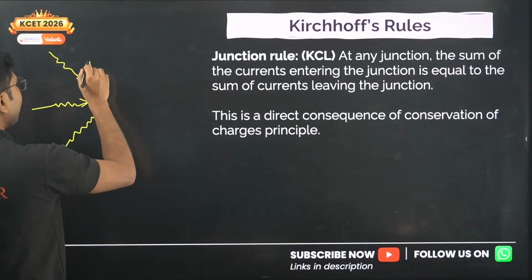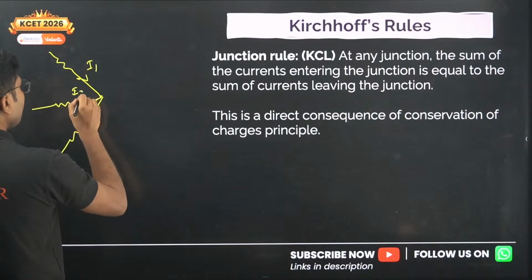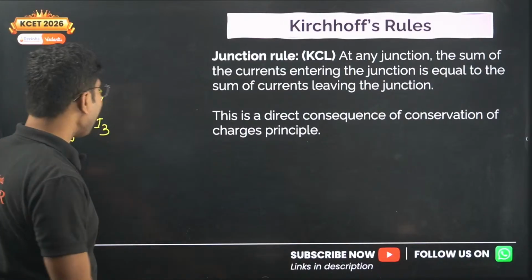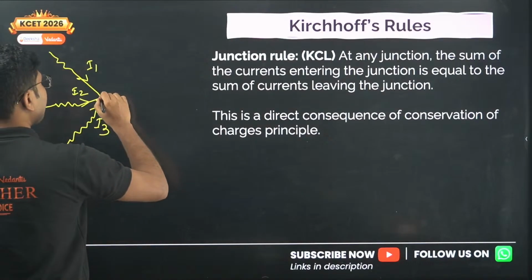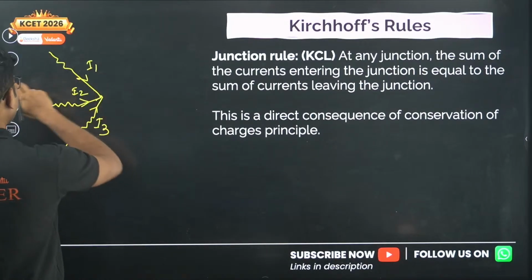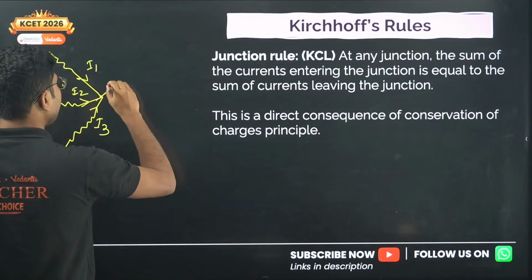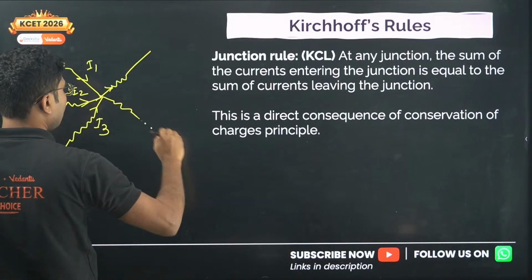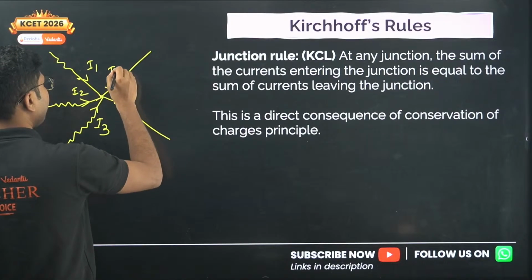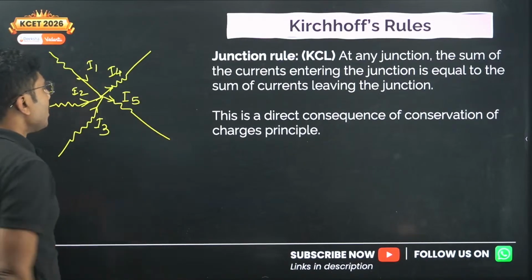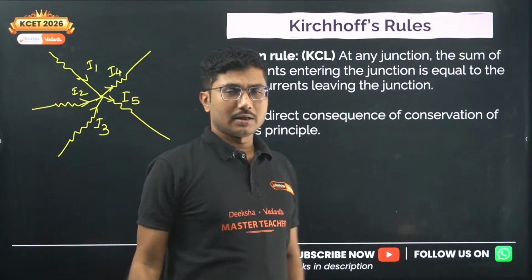So I1, I2 and I3 are all meeting over here, and consequently some currents are leaving the junction as well. Whatever is incoming, there has to be some outgoing. Suppose only two currents are leaving the junction, I4 and I5. So what is Kirchhoff's current rule?